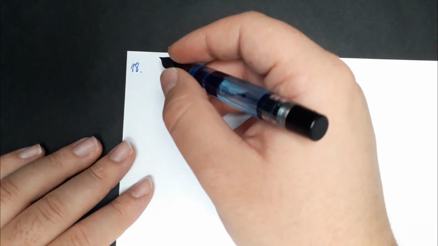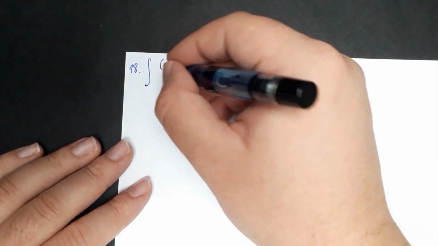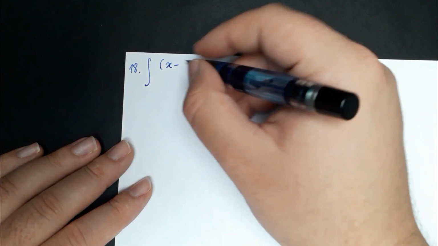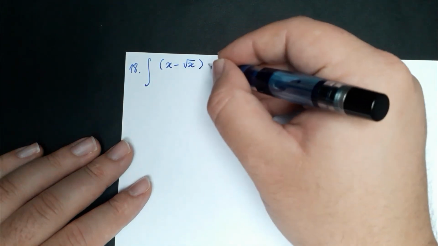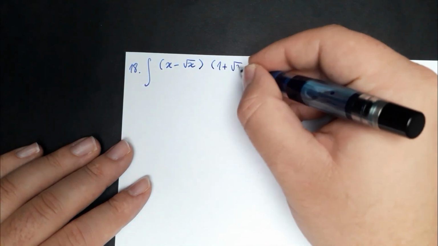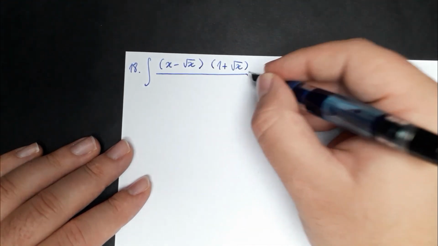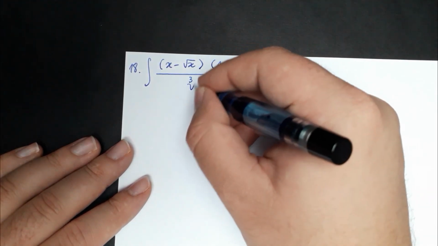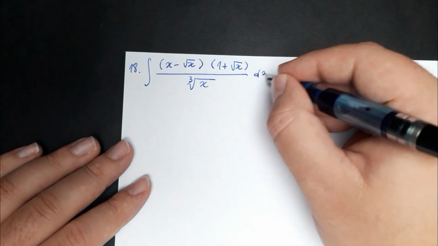Integral number 18 is an integral of (x minus a square root of x) times (1 plus a square root of x), divided by a cubic root of x dx.